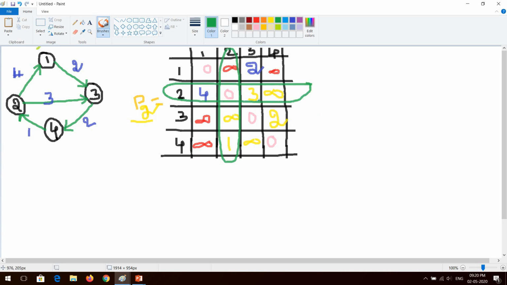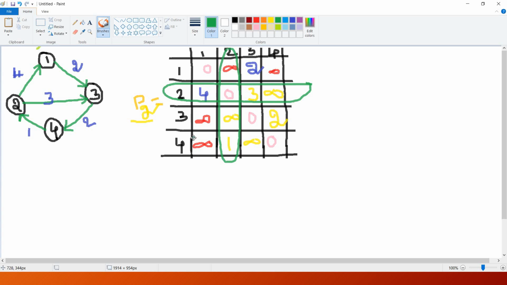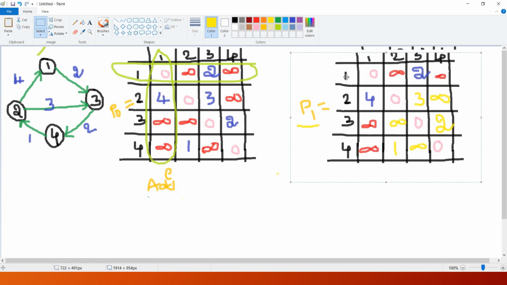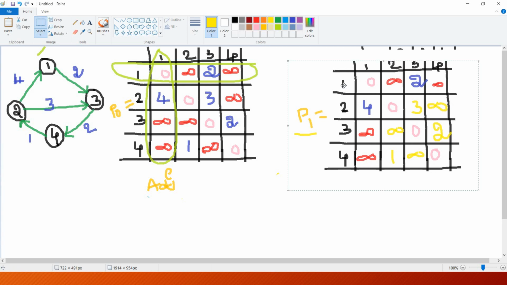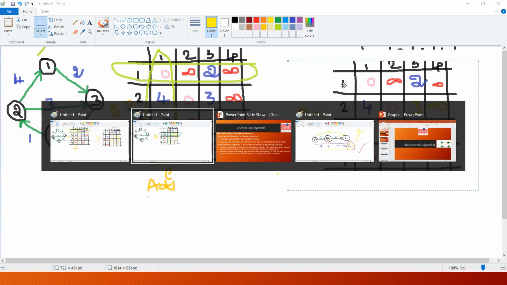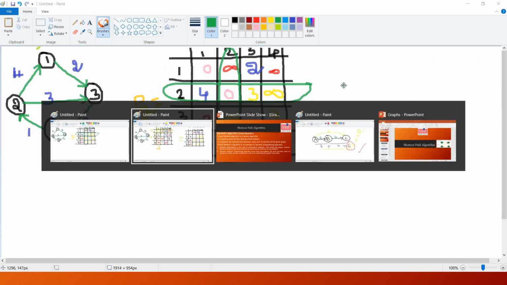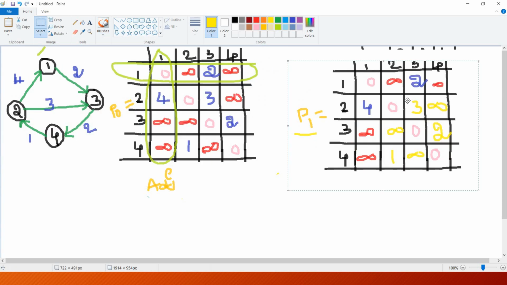There will be no change in the second row and second column.